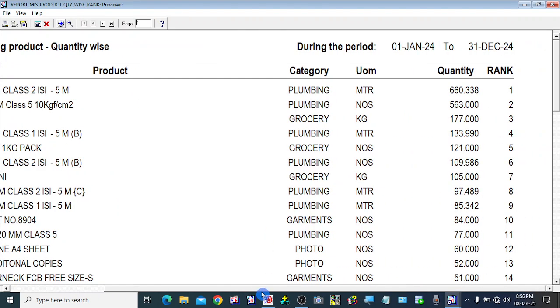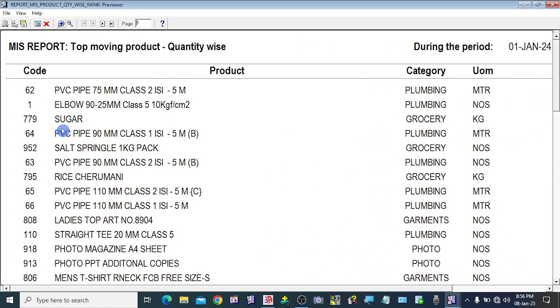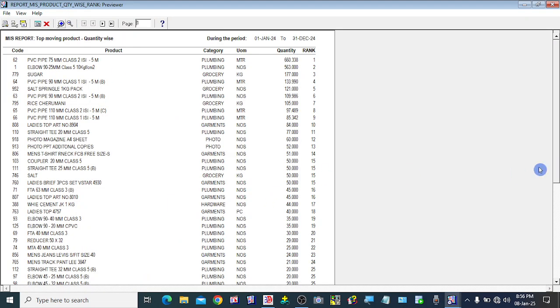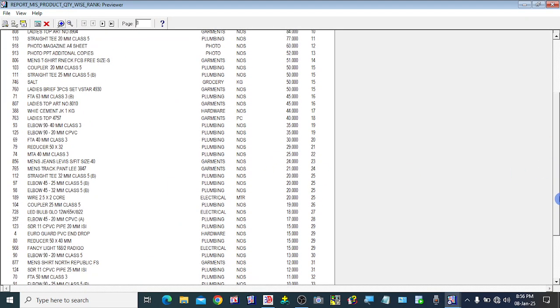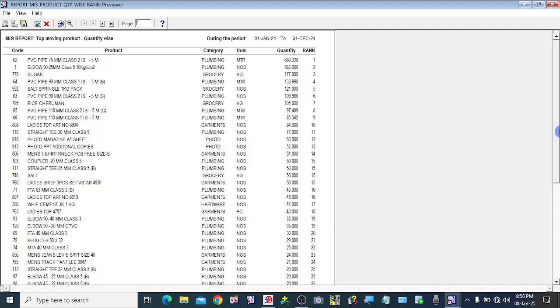which is the next second total selling quantity product. We can see we have sold 563 numbers of the product, elbow 90 25 mm. So quantitative information we can see in this report rank wise, which is the hot selling product or fast moving product in my store during the date range we have selected.